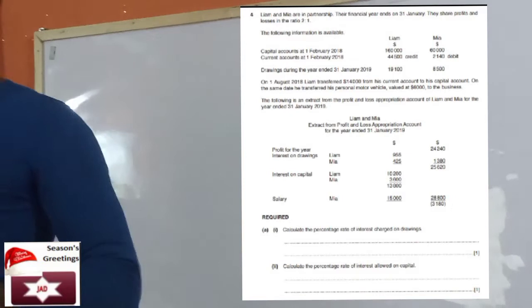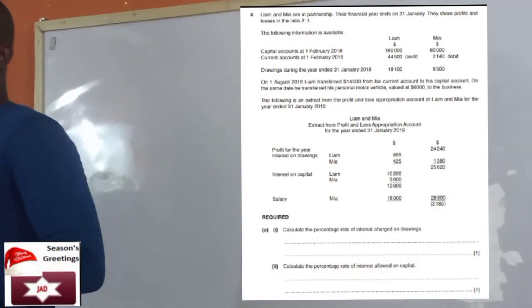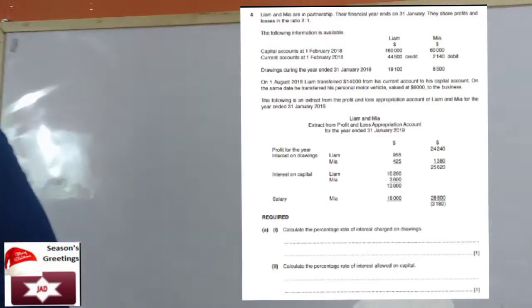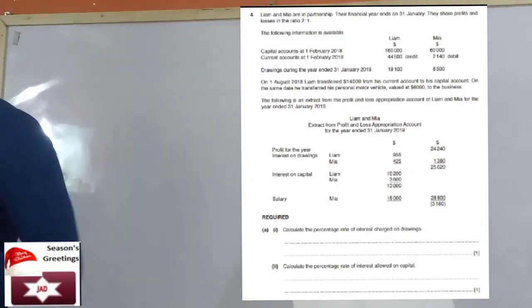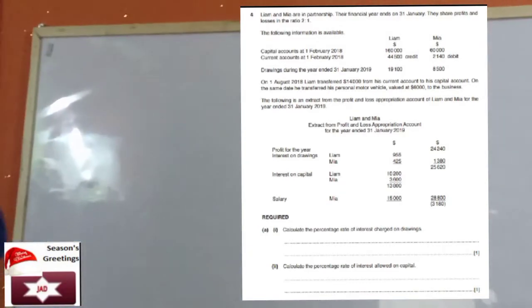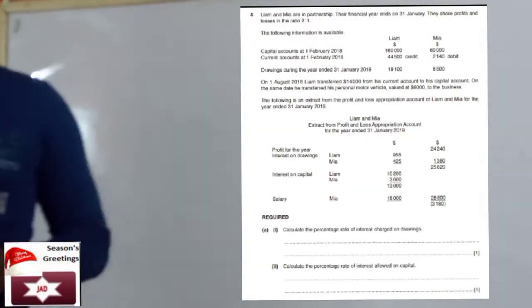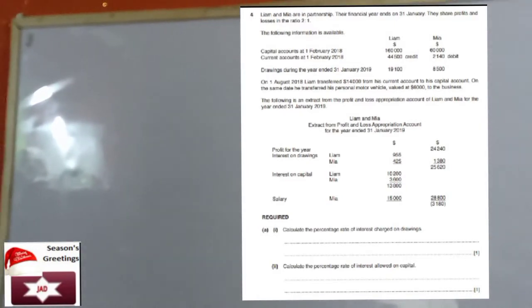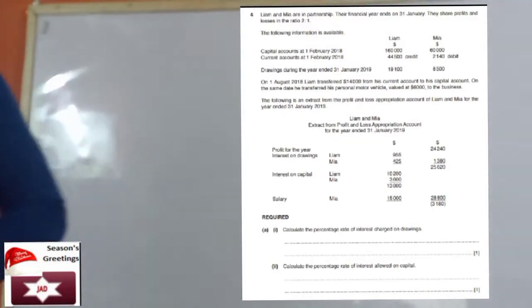The drawings during the year ended February 2019 are $19,100 for Liam and $8,500 for Maya. On 1st August 2018, Liam transferred $14,000 from his current account to his capital account. On the same date, he transferred his personal motor vehicle valued at $6,000 to the business.